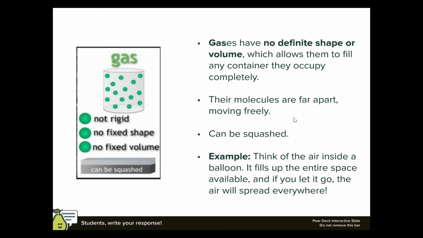Instead of taking the shape of the balloon, now the air is going to take the shape of the classroom or whatever room or space you're in. So air does not follow the rules. It's not rigid. It has no fixed shape and no fixed volume, which means it can be squashed.